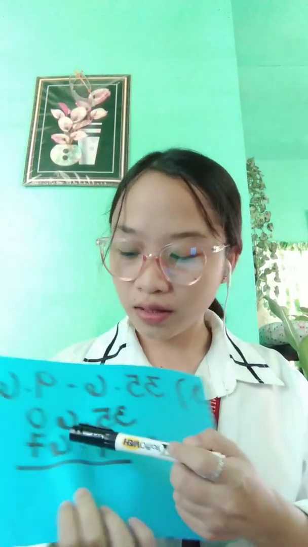So since dili man nato ma-subtract ang 0 from 7, so we are going to borrow from 6. Okay? So ang 6 mahimo na siyang 5. And ang 0 is mahimo na siyang 10. So now we can subtract 10 from 7. So 10 minus 7 is 3.